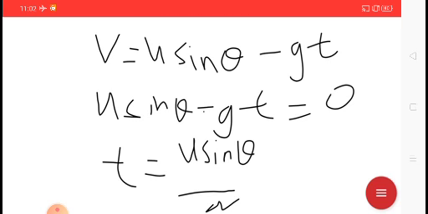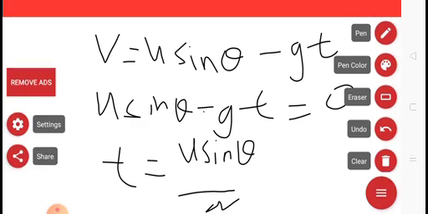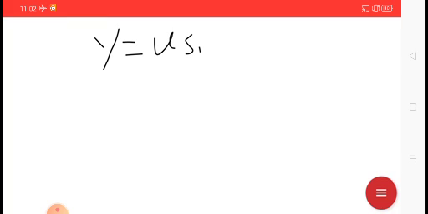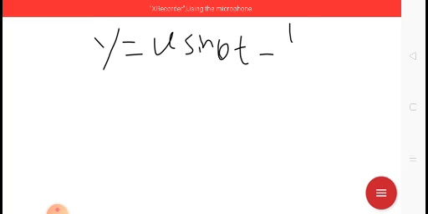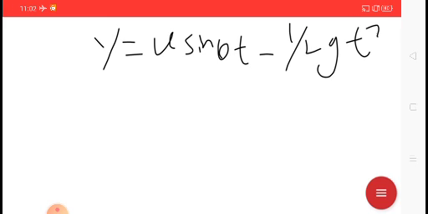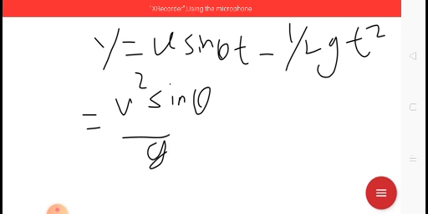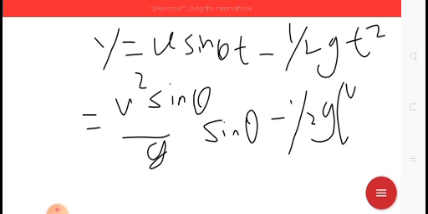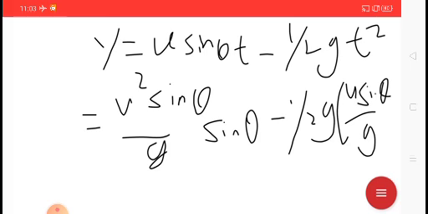So if you sub this value inside the vertical displacement equation, let's put it inside and see. y equals u sine theta t minus half gt squared. If you sub the t just now inside here, you will have u sine theta over g times u sine theta, minus half g times u sine theta over g squared.